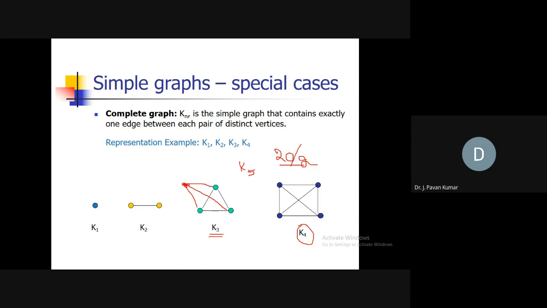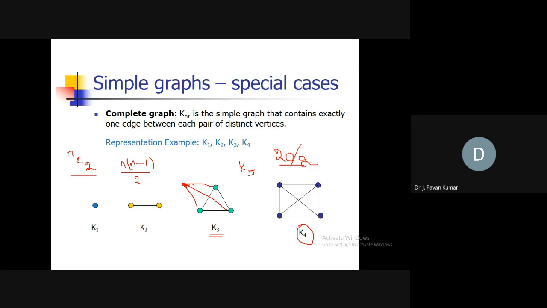Because it is simple counting: it is nC2, every time we select 2 vertices out of n, which is n into n minus 1 by 2. So that many edges will be present in a complete graph with n vertices.